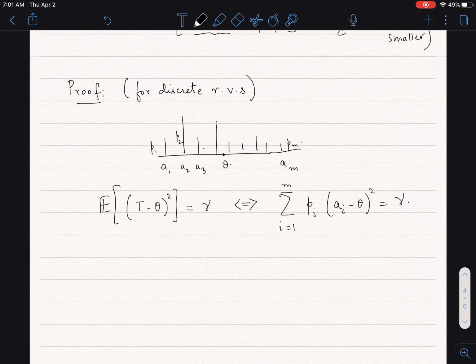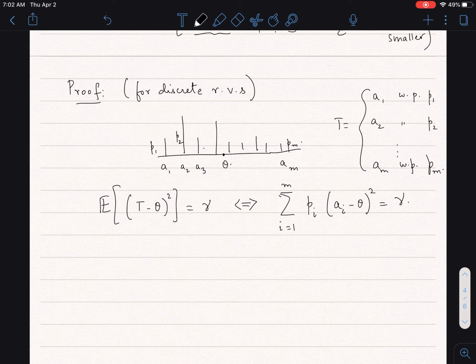Because T is the random variable that is a1 with probability p1, a2 with probability p2, and so on up to am with probability pm.